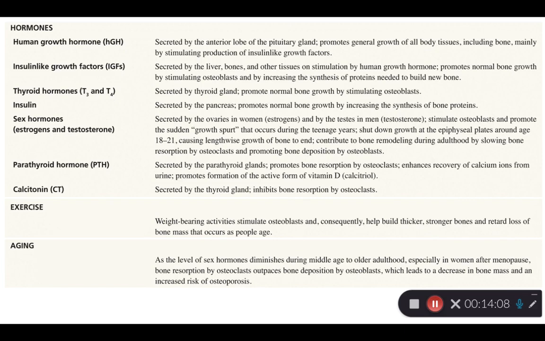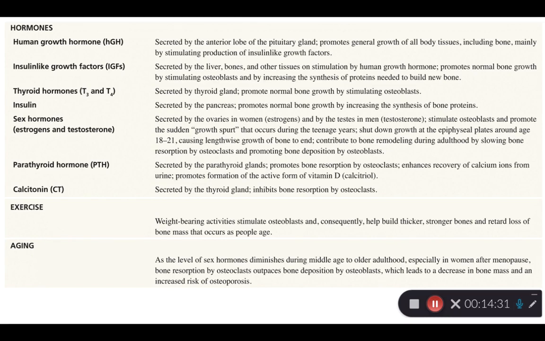A lot of times the levels of estrogen and testosterone drop as we age. When a woman enters menopause, her estrogen production goes down dramatically. In males, it's a little slower, but males, as we age, testosterone drops. And these hormones help promote bone health.